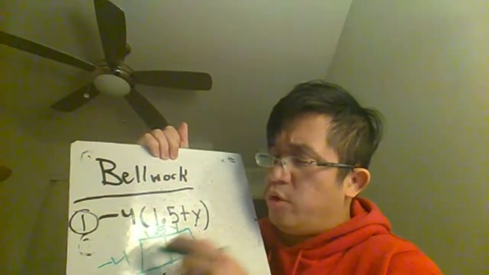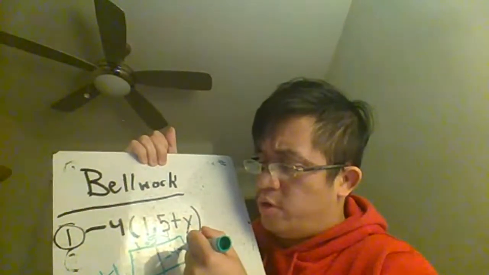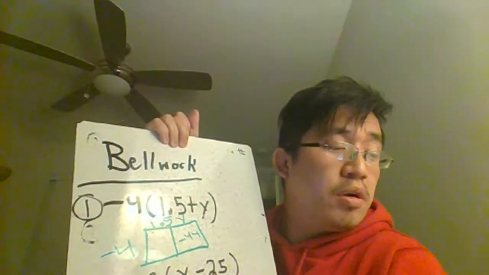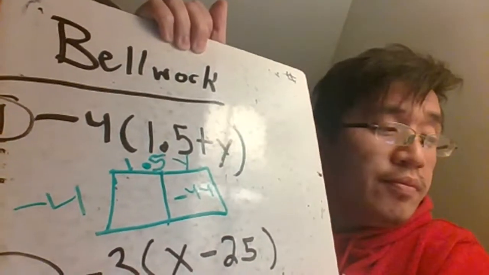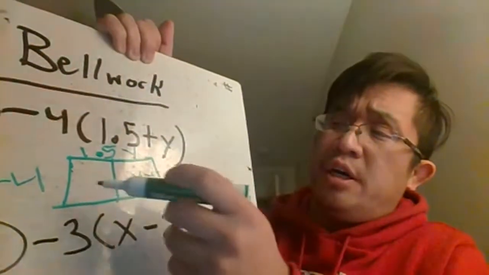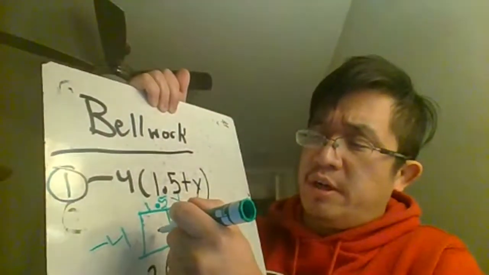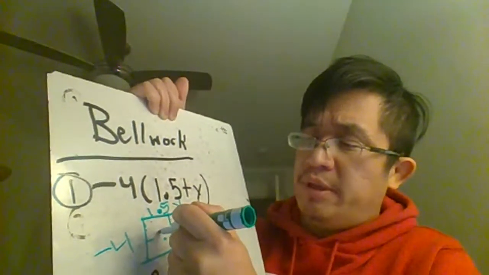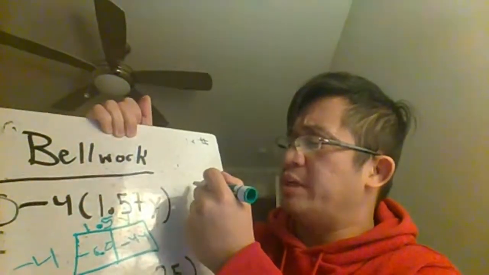The easy one would be -4 times y, so we get -4y. Lastly, we'll do -4 times 1.5, and that's going to give us -6 because of the decimal point.